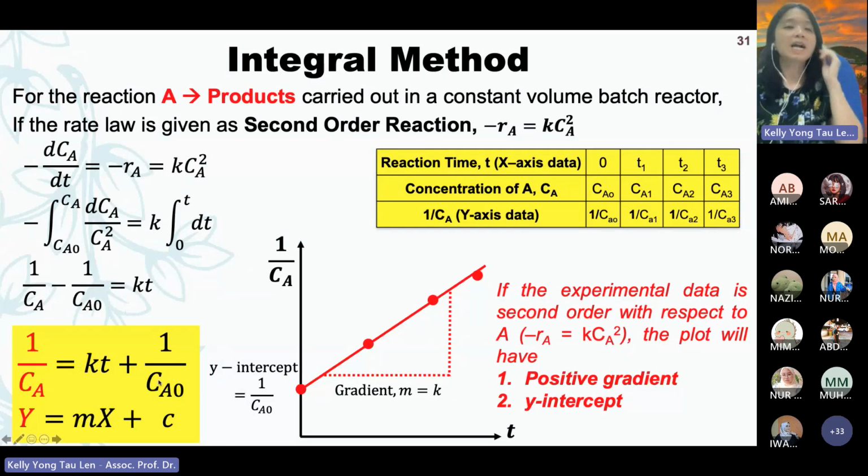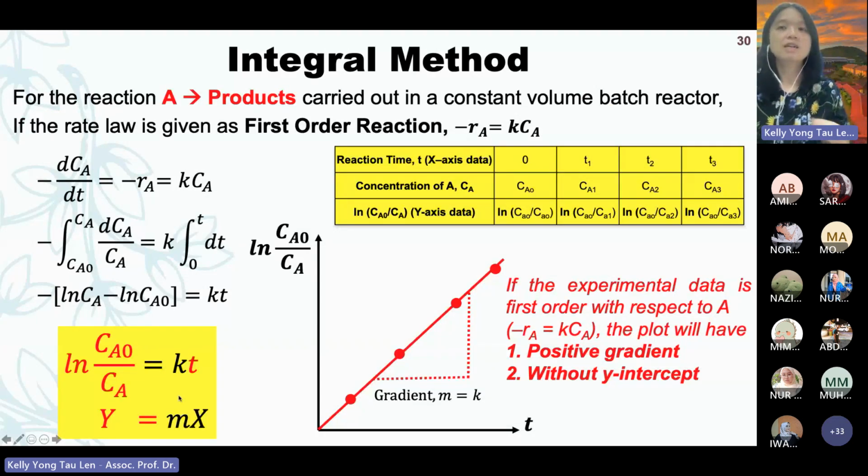Kalau dalam equation tu ada part C di belakang, maka graf kamu pun akan ada y-intercept. So kalau kamu perasan dalam first order, kita tak ada y-intercept. You can realize in the equation, part belakang dia tak ada C pun. Sebab tu plot dia takkan ada y-intercept. Okay, so that's how you can know the characteristics of the plot based on the equation itself.